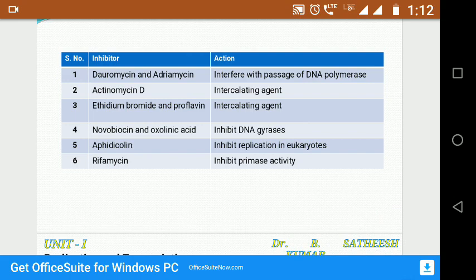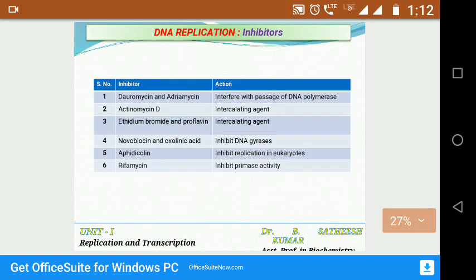These are like daunomycin and adriamycin and actinomycin D, ethidium bromide and proflavin, novobiocin and oxolinic acid, aphidicolin and rifampicin. These are only a few examples which inhibit the replication process in prokaryotes.